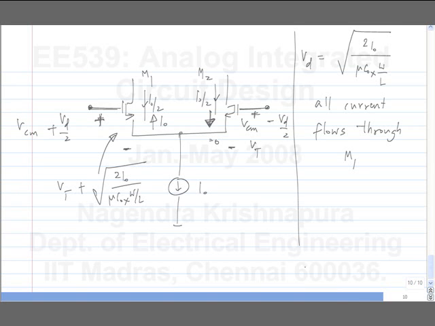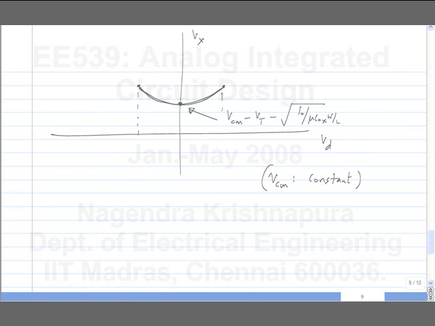So let me call this Vd max. So up to plus minus Vd max, it will follow the equation that I wrote here. What happens beyond that?